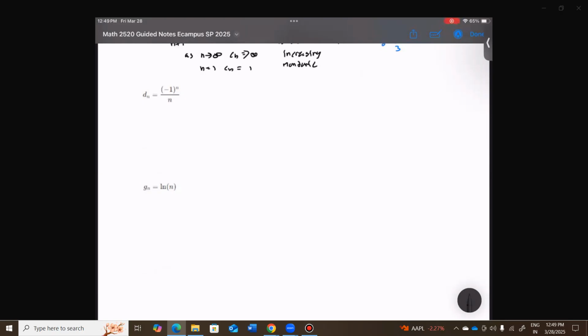Negative 1 to the n power over n. Here, this sequence oscillates between positive and negative values. Right, so the absolute value of d sub n is equal to the absolute value of negative 1 to the n power over n, equaling 1 over n.